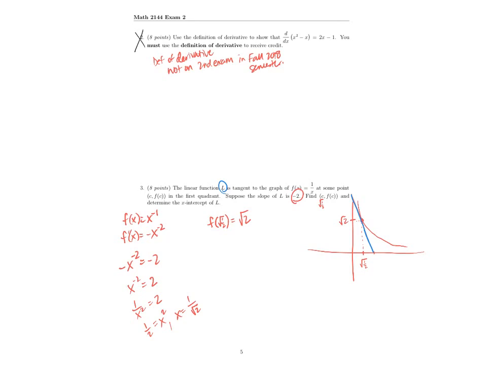Okay. And then I can determine the x-intercept of the line. So let's write down an equation of the line. I'll have y minus y1 equals m times x minus x1.